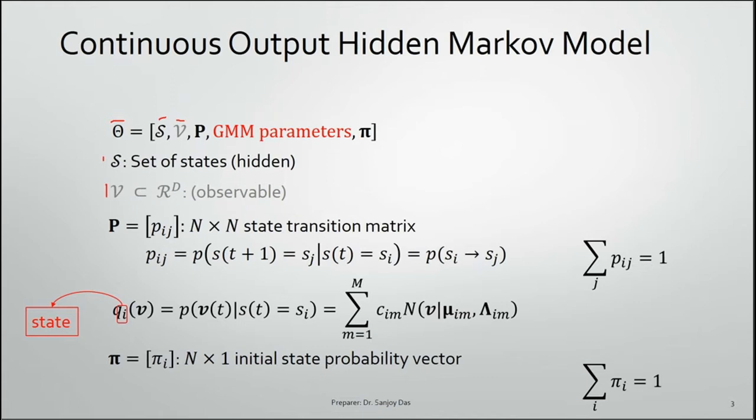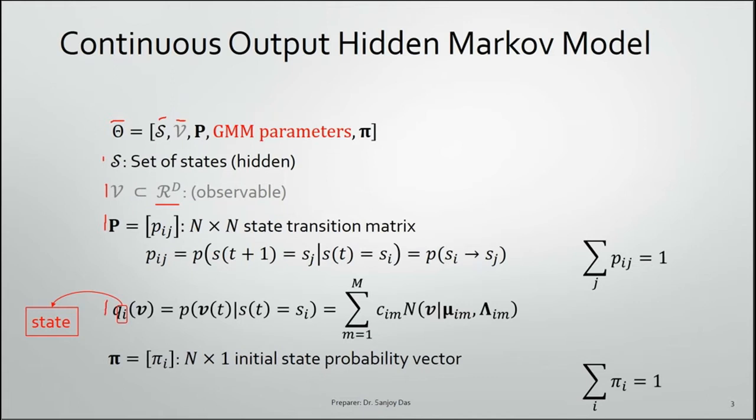But this time, each output is a d-dimensional real vector. So that's B here. And the state transition matrix is the same as before.